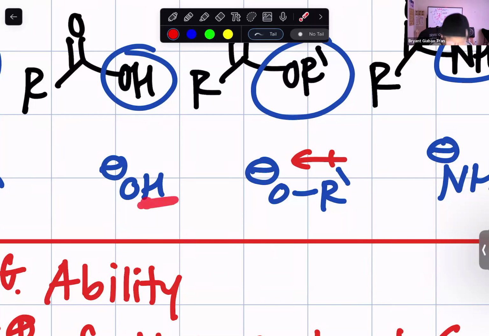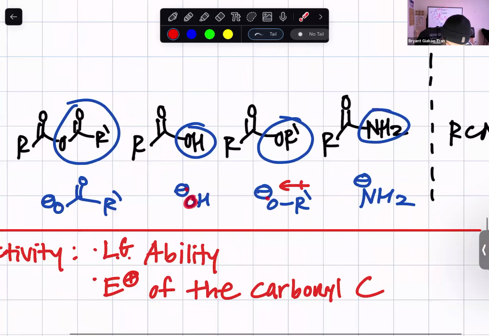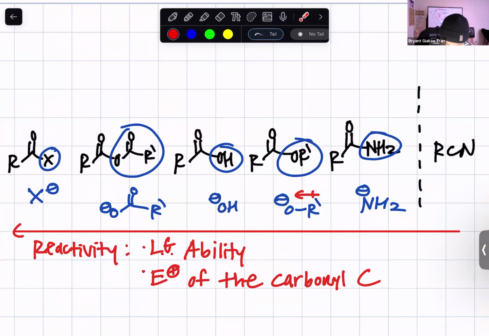Whereas this hydrogen here is not an EDG. That hydrogen is not donating electrons, which is why this oxygen minus here is more stable than this oxygen minus right here, right? The nitrogen is the least stable because nitrogen is less electronegative than oxygen and halogen, right?